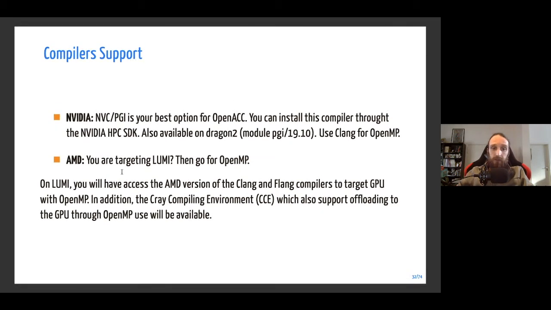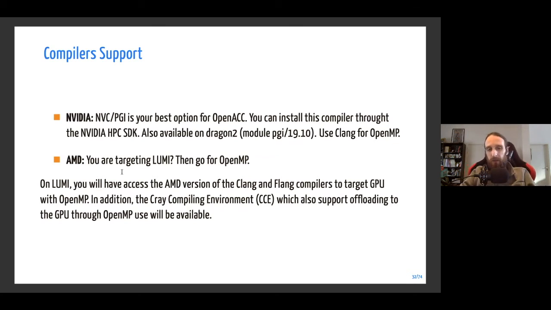If you plan to target AMD hardware, at the moment we are not sure how fast the GCC support for AMD hardware will improve for OpenACC. So the best option at the moment is probably using OpenMP, in particular if you are targeting LUMI. If you read what they publish on the website of LUMI, they tend to say, okay, it's probably better to use OpenMP.